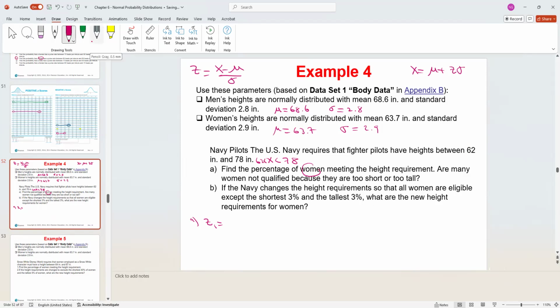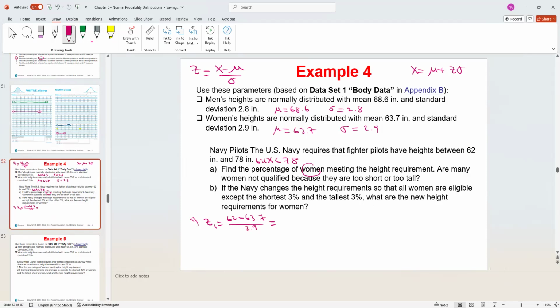So we're gonna do 62 minus the mean for females, 63.7, over 2.9 for female. We're doing only female.